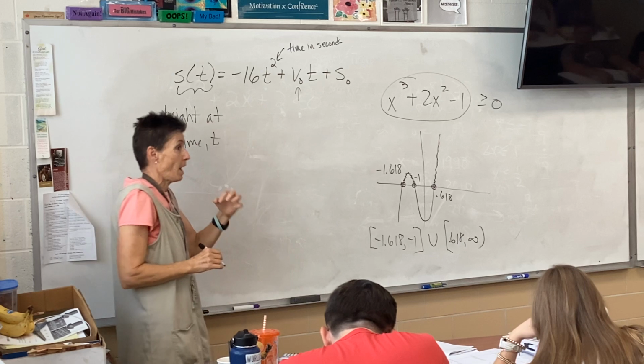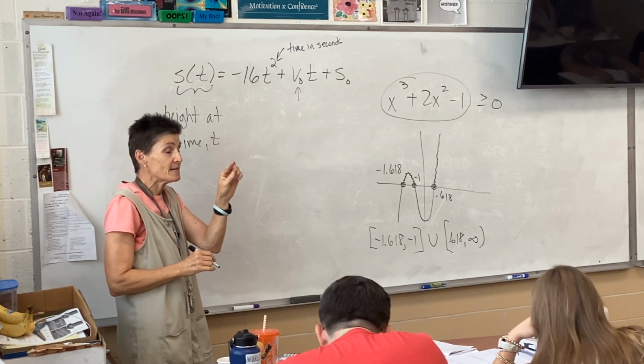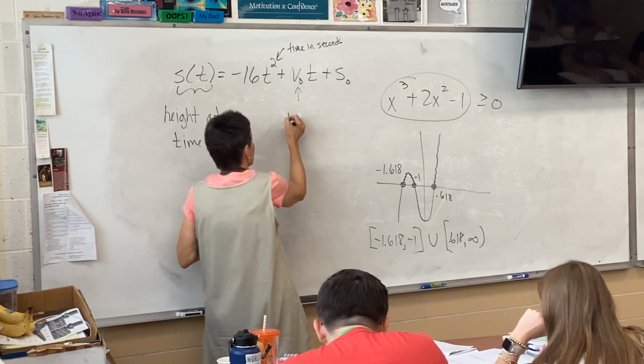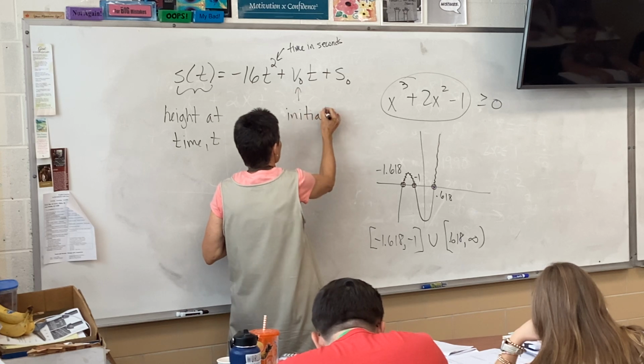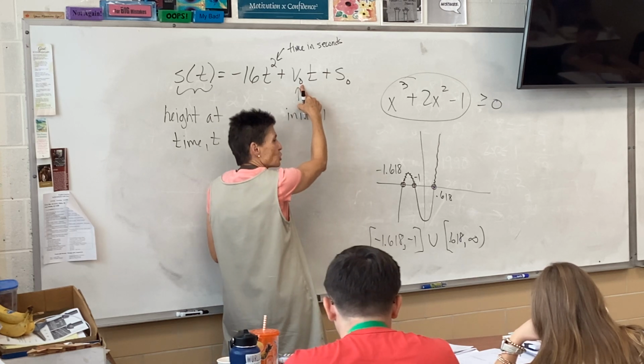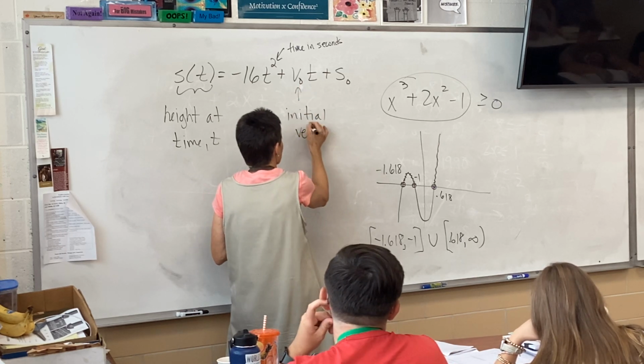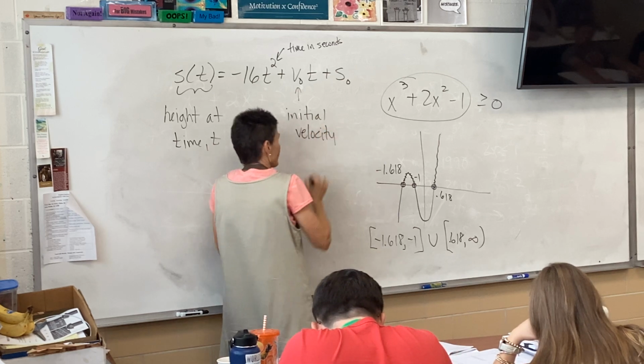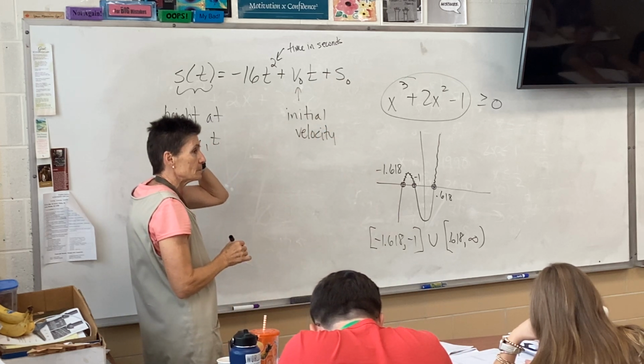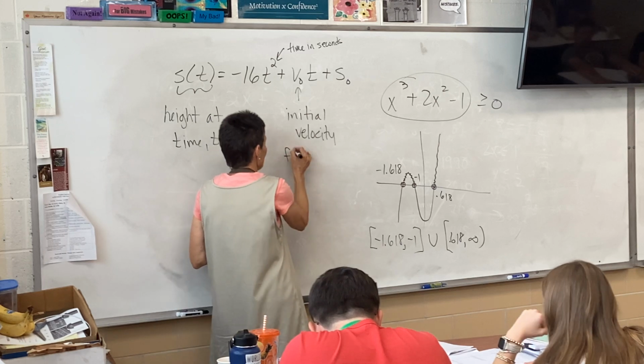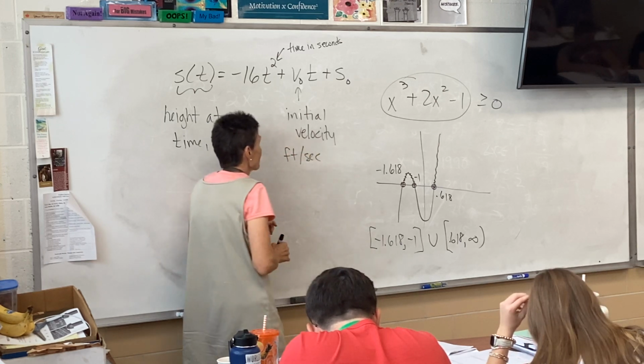V sub naught, and that's the way that is read, V sub naught is the initial, anytime you have a sub naught, it's initial, it's a starting, it's the initial velocity. And its unit would be feet per second.